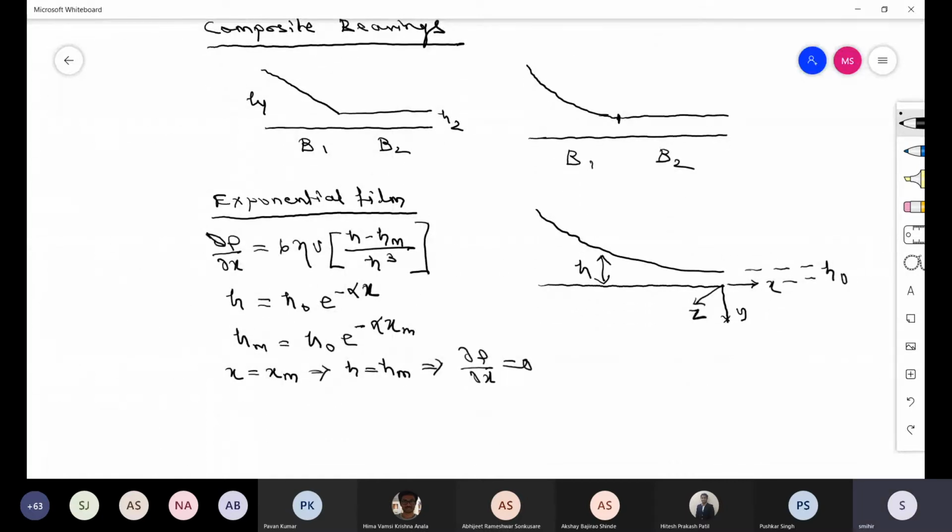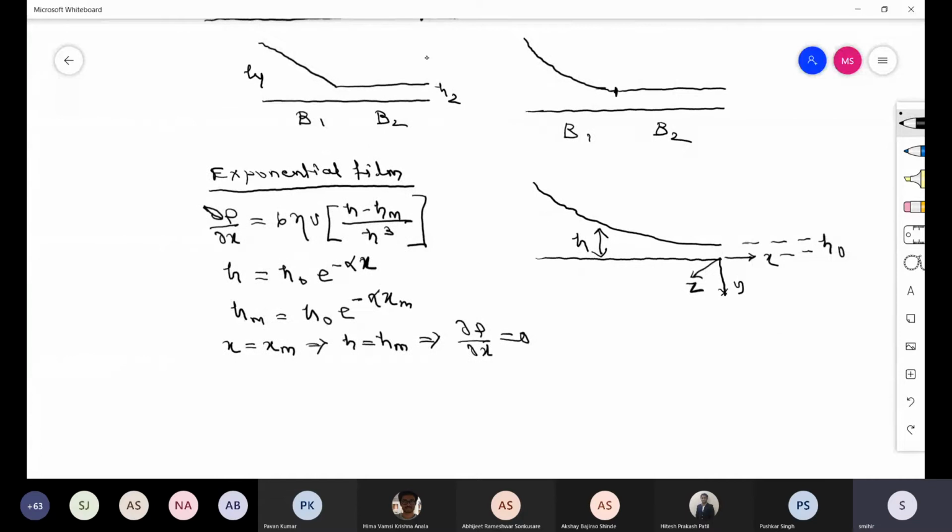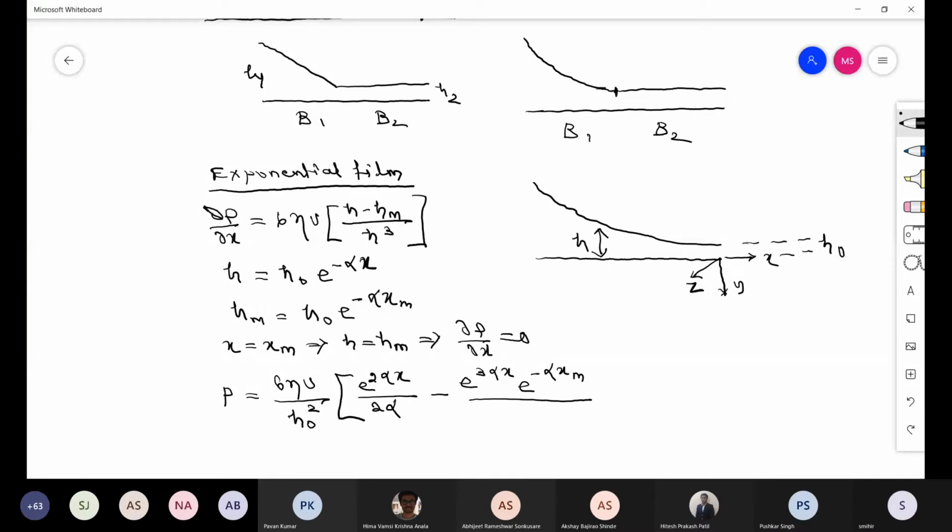Now integrate this pressure equation. Once you integrate, you will get 6 eta u plus C1.